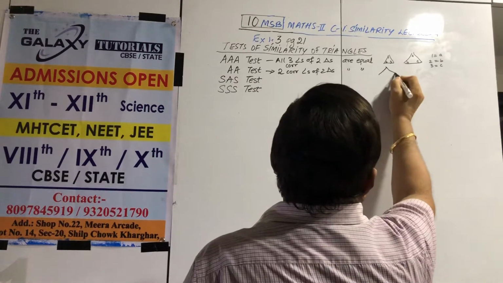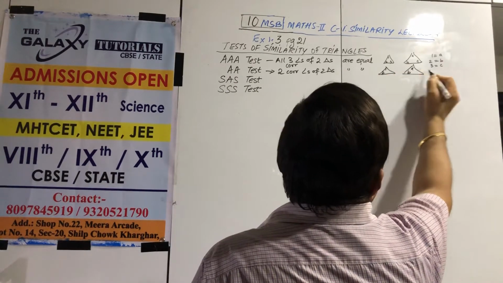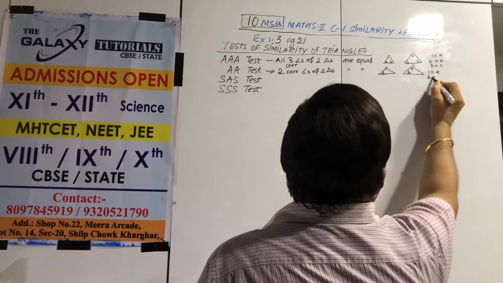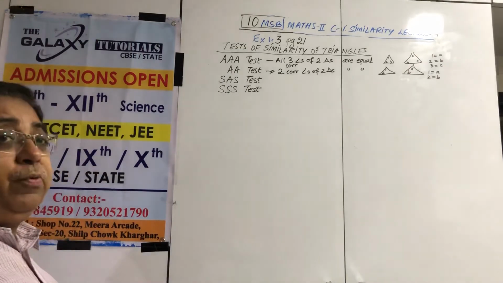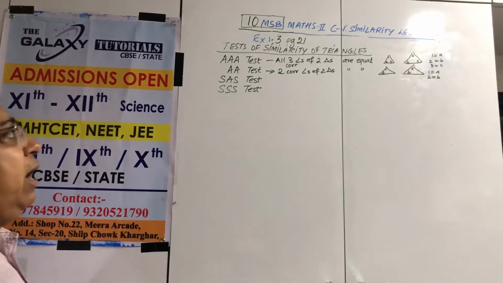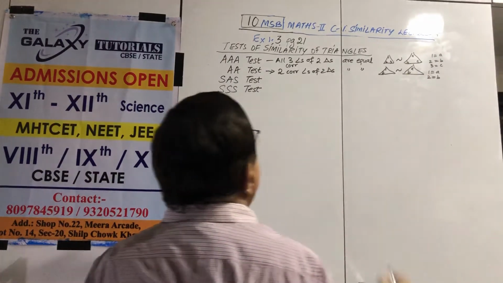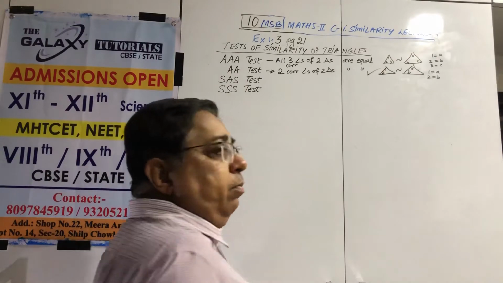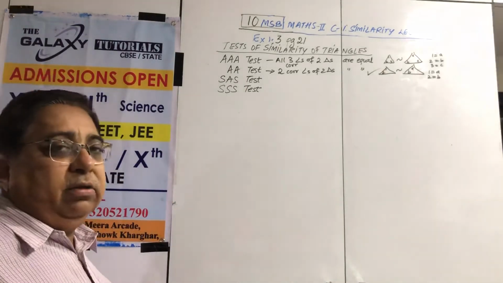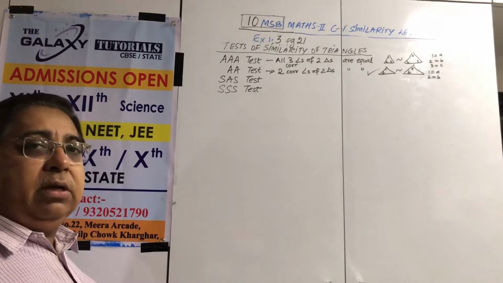So in this case, if I prove 1 is equal to A and 2 is equal to B, automatically 3 is equal to C. I do not have to prove that, and the triangles are similar. So this is AAA test, this is AA test. We use AA test now, because sum of three angles is 180 degrees, it is foolish to show the third angle because mathematically it is like that.